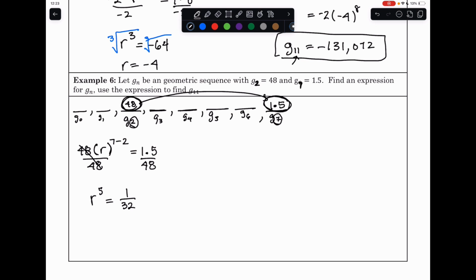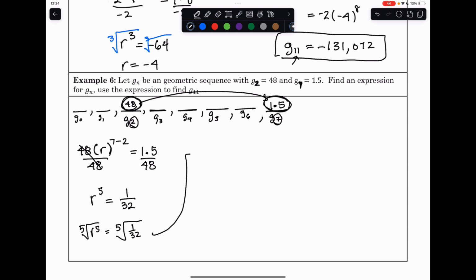Now, in this situation, we're going to get the 5th root of our function. And like I said in the previous example, I'll show you tomorrow in class how to take the 5th root of a value. So we're going to take the 5th root of r to the 5th, and the 5th root of 1 over 32.